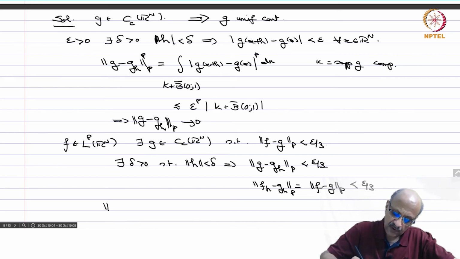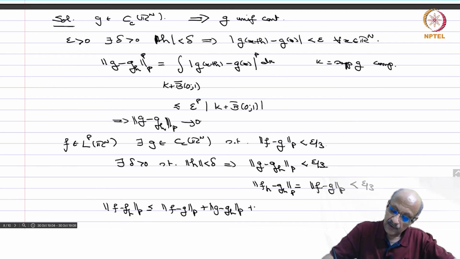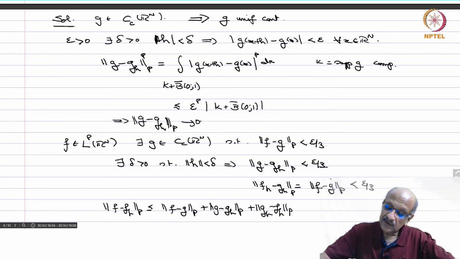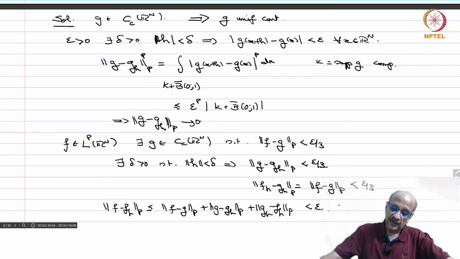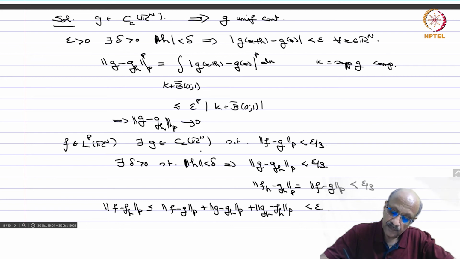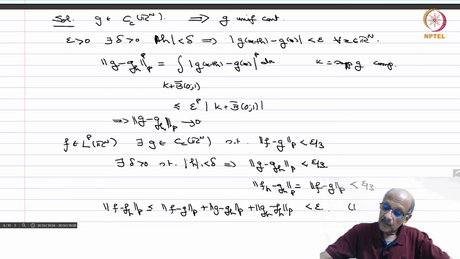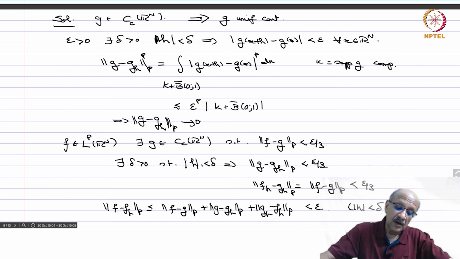Therefore the norm of f minus f_h in L^p is less than or equal to the norm of f minus g plus the norm of g minus g_h plus the norm of g_h minus f_h, and each is less than epsilon by 3, and therefore this is less than epsilon for all |h| less than delta, and therefore that proves the statement.